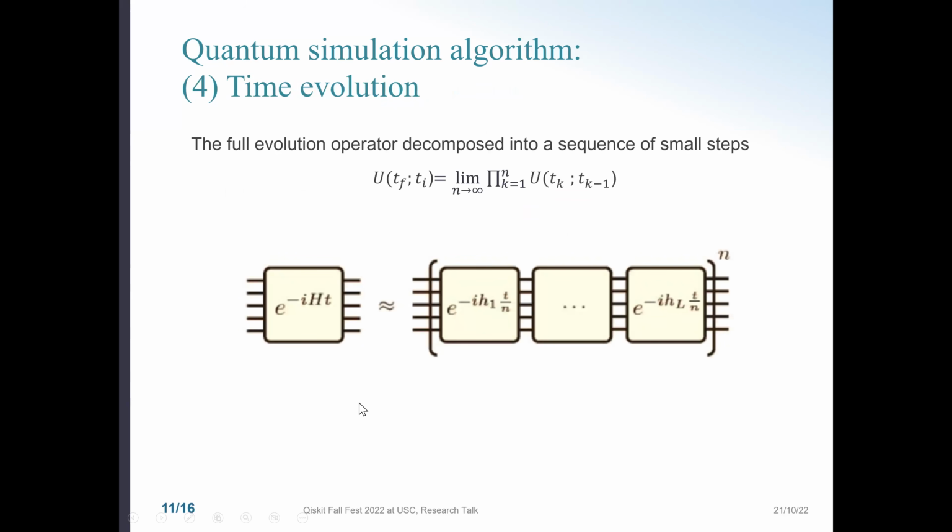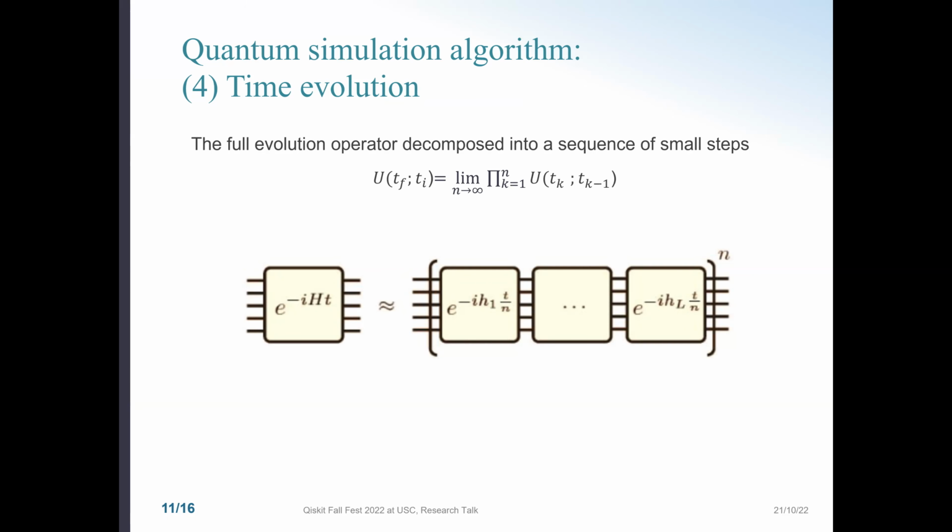And then with the initial state and the encoding, we can do the time evolution. The time evolution is to decompose the unitary evolution operator into many small time pieces. Because it is difficult to do the whole evolution at one time, since the Hamiltonian depends on time.